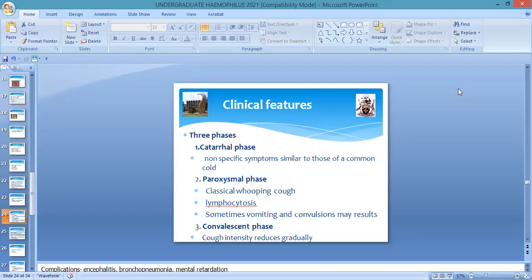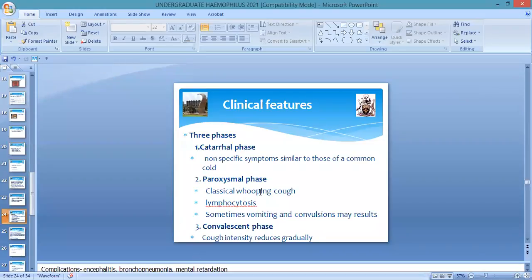Okay, but then when it progresses now to a paroxysmal phase, that's where you have that intense coughing, which we describe as a classical whooping cough, and that's because that intense coughing would cause the patient to have loss of breath. And when you have that loss of breath, the lungs would become so empty, such that when you breathe in, the air gets that impact on the lungs, and you'll have that whooping sound.